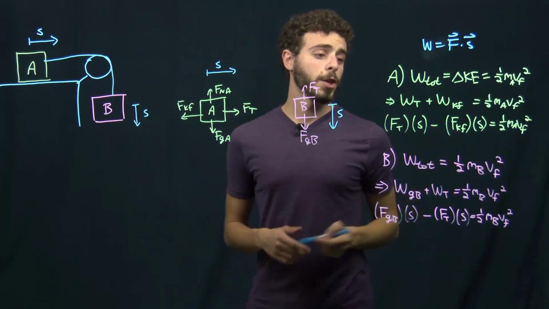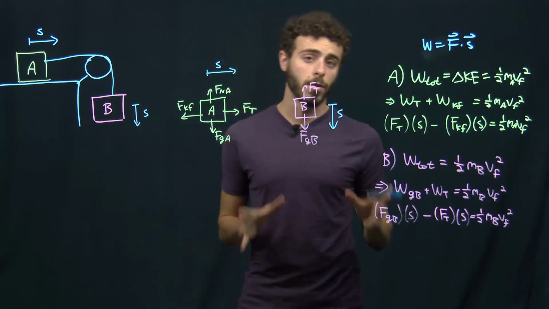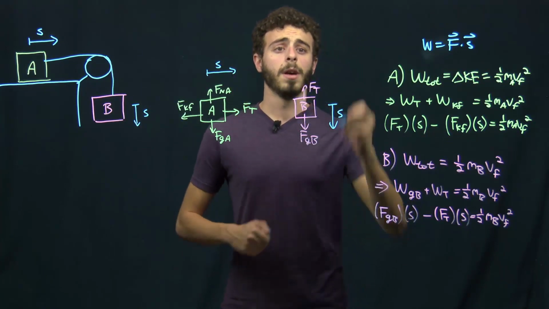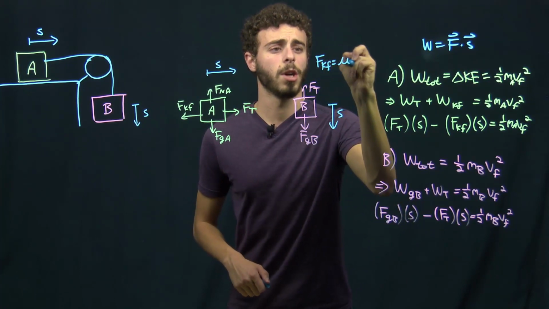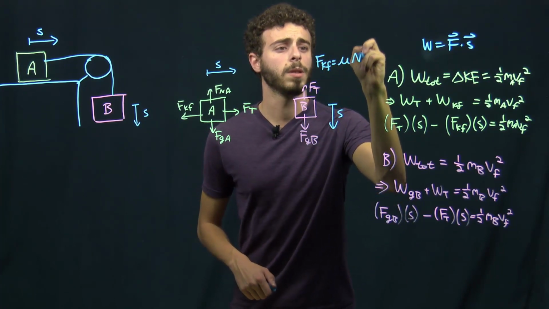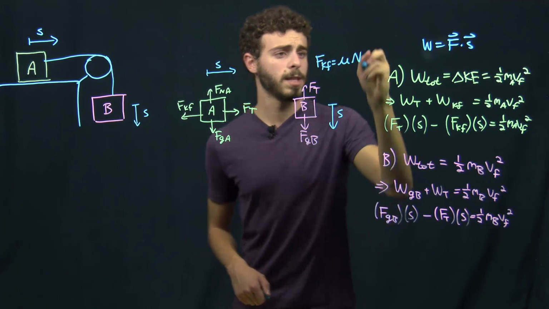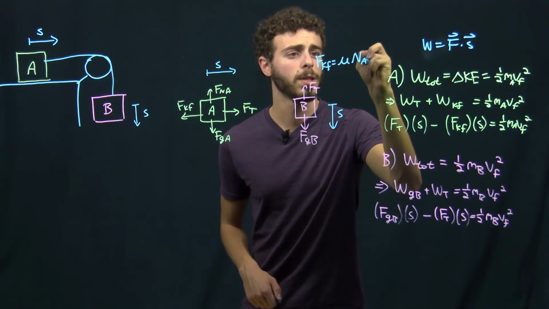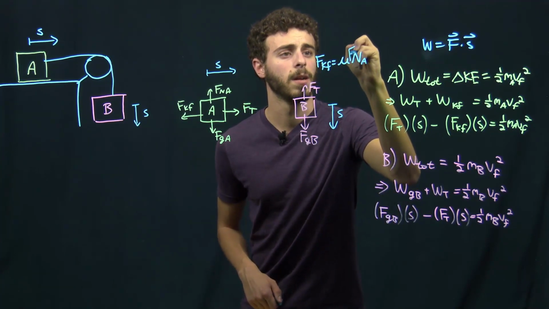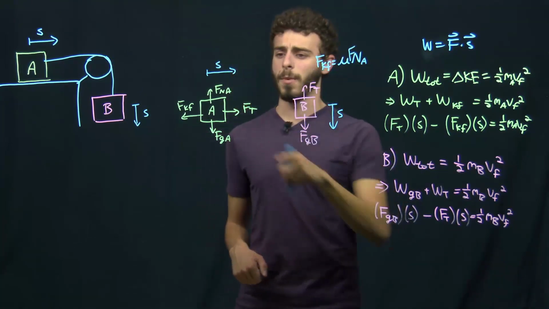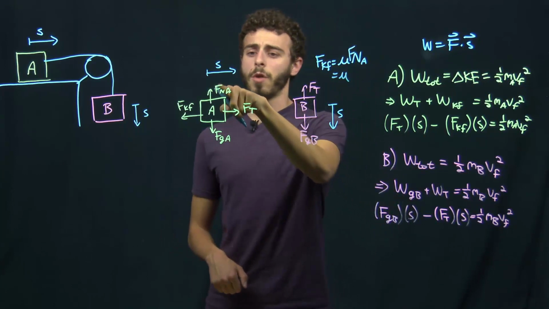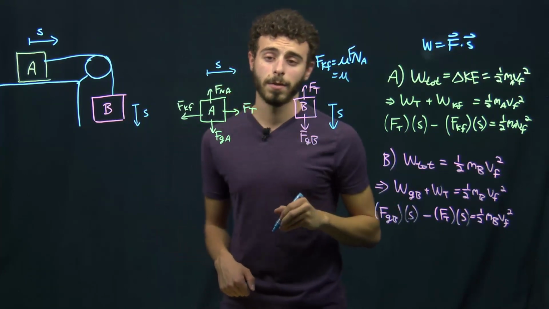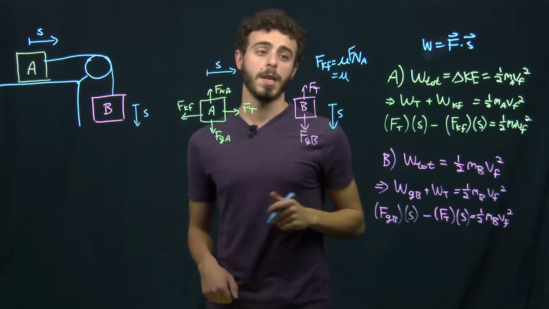The force of kinetic friction, we don't know at the moment, but we can solve directly for that. If you'll remember from our chapter on friction, the force of kinetic friction is always just equal to mu times the normal force. In this case, that will be mu times the normal force on block A. Let's call this force normal as we have labeled over here. We see the normal force must cancel out our gravitational force on block A, so these must be equal and opposite.